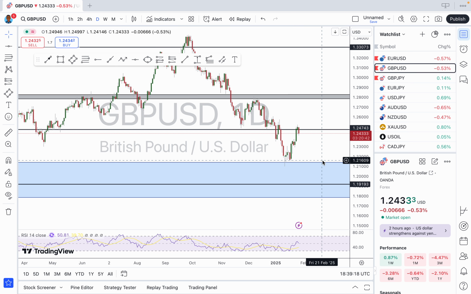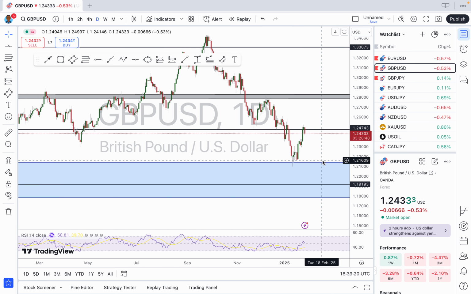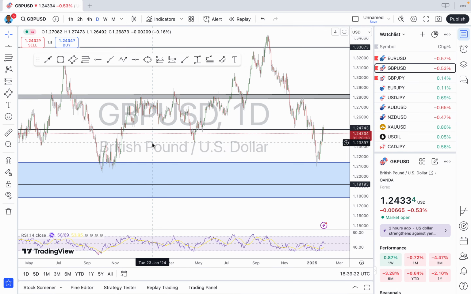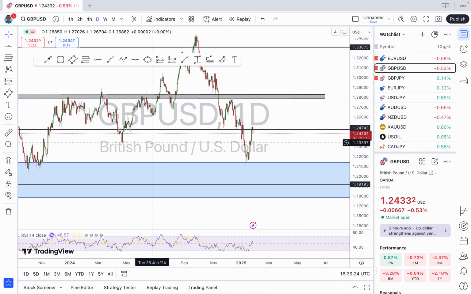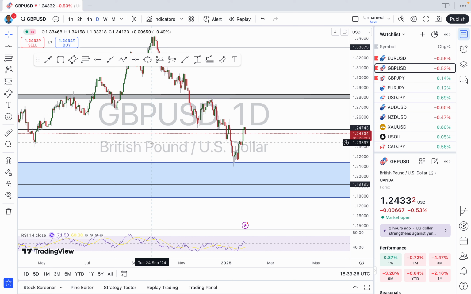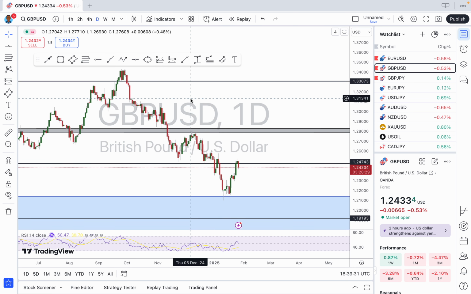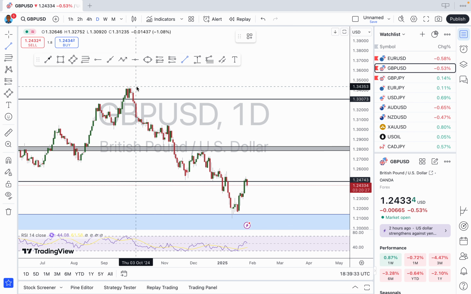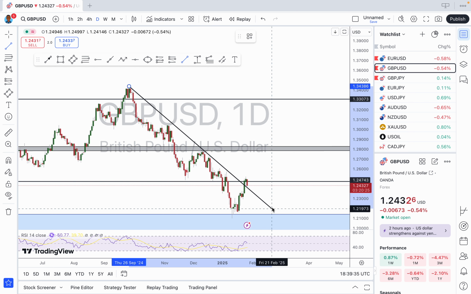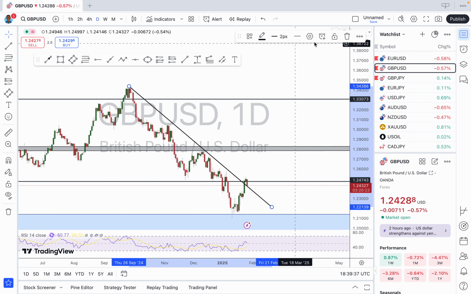We have retraced. This line has been here. If you check my last videos, you'll see this particular line. Let me see if I can draw some. Nope, doesn't work.